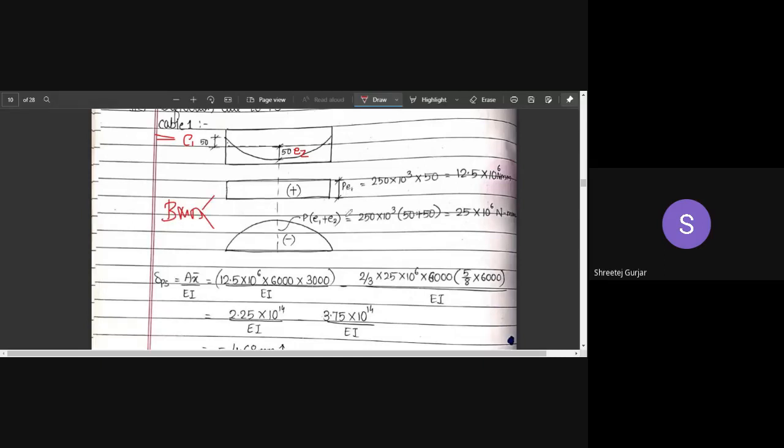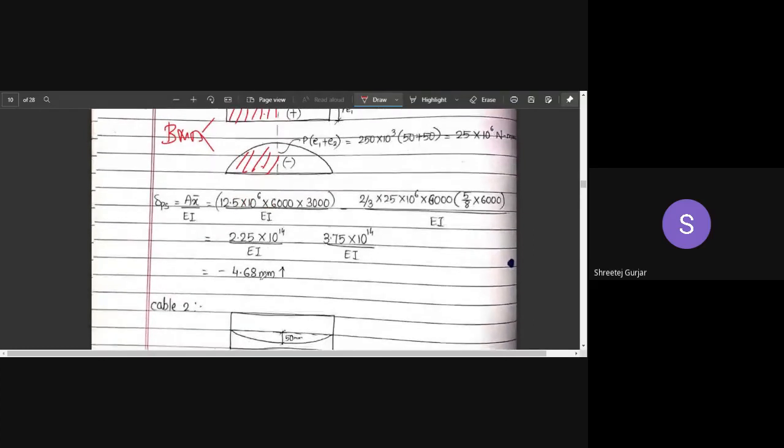So P into E1 for this case, P into E1 plus E2 for the second case. Okay, and then at the central span we need, so this is the area which we are concerned with, and this is the area, and the centroidal CG we know. Multiply area by x bar, add both of these, you will get the total deflection. Okay, the second is negative, the first one is positive.